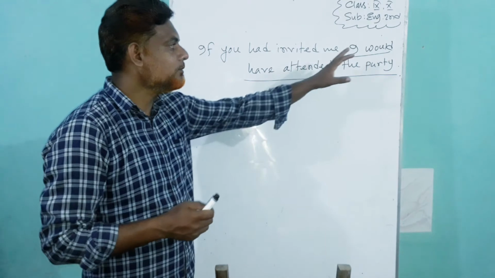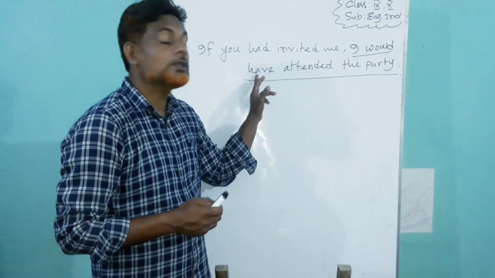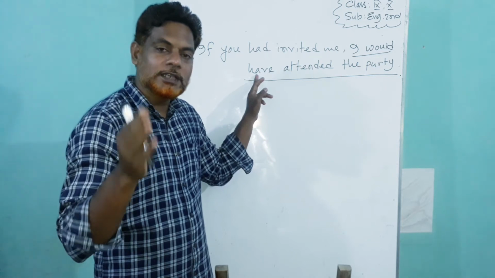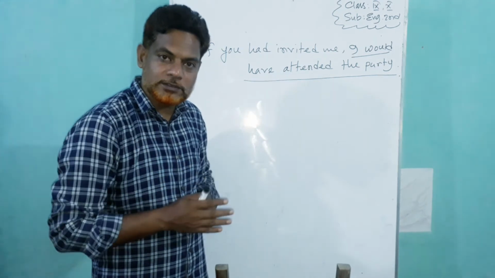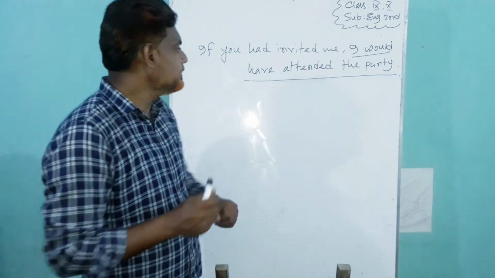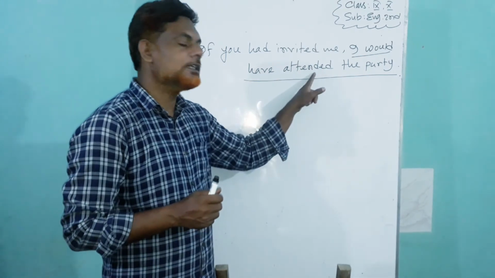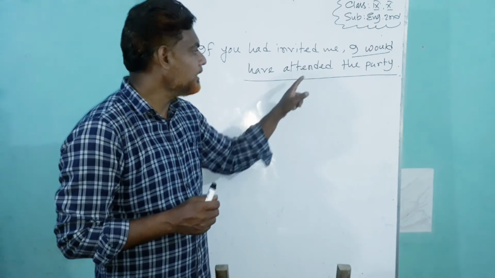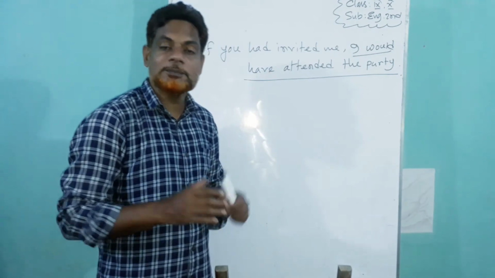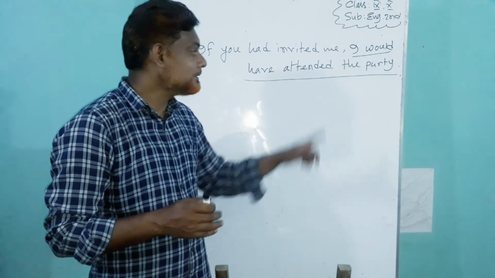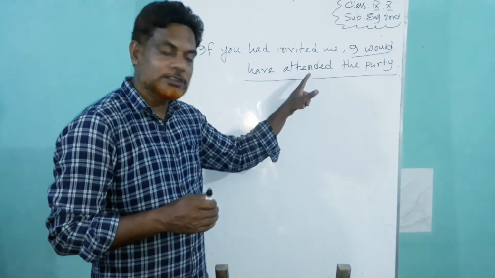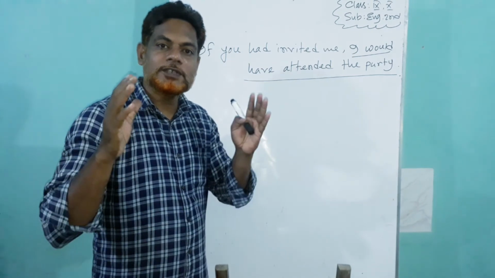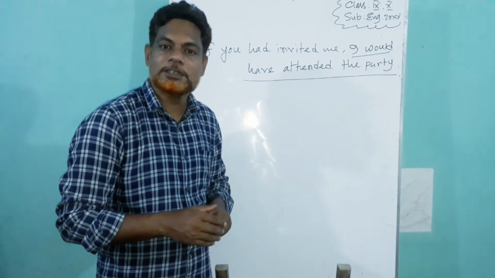That's why we have to write would have or could have in the principal clause. And you know, after have, you have to write the past participle form of the principal verb. So I have used here attended, that means past participle form. Why? As it is written after have. After have, the principal verb will be written in the past participle form.